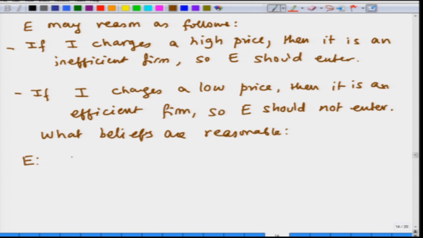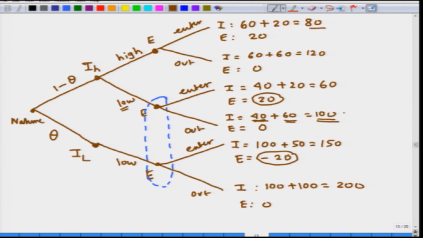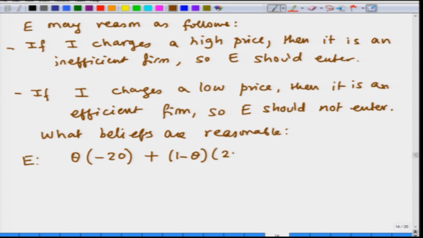So, with probability theta, the entrant would know that it is competing with a low cost incumbent, so if it enters, it gets a profit of negative 20, whereas with probability 1 minus theta, it will compete with a high cost firm, and if it enters, it will get the duopoly profit of 20. So, this turns out to be equal to 20 minus 40 theta.